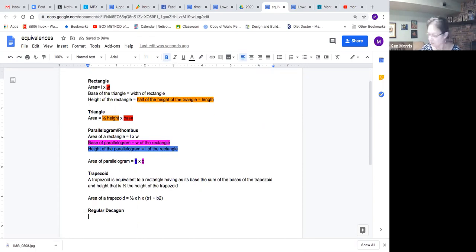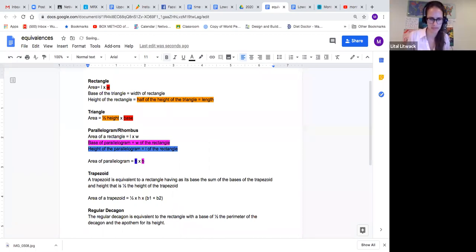So the statement in the album is the regular decagon is equivalent to the rectangle with a base of 1/2 the perimeter of the decagon and the apothem for its height. Okay.